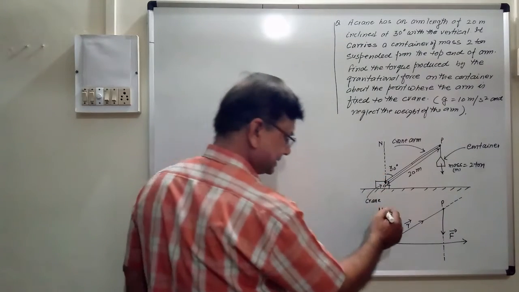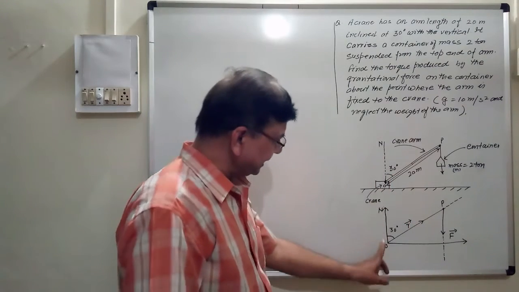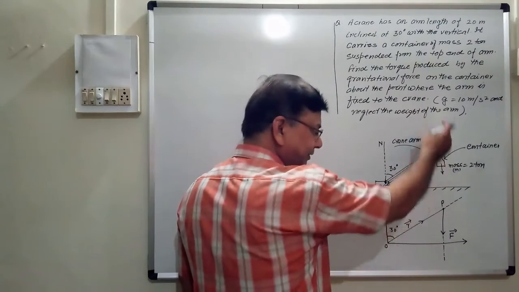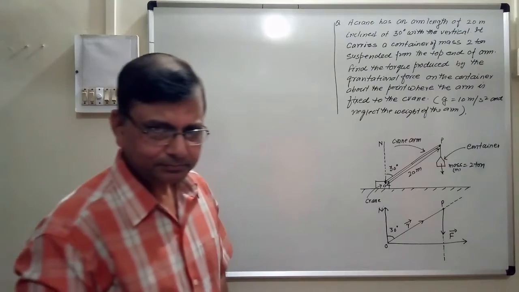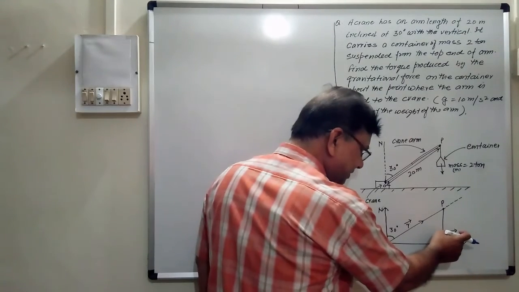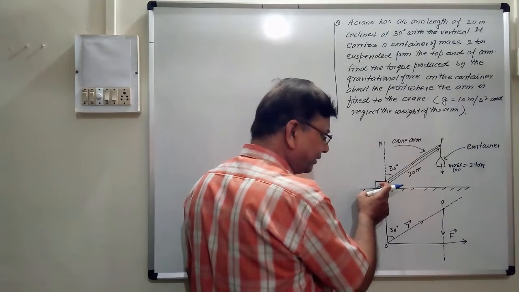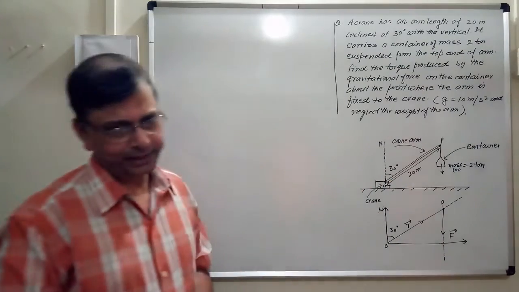This is y-axis, right? And 30 degree with the vertical. This is 30 degree over here. And weight, it is hanging container, I have shown this by a force. I have to find the torque due to this force, right? About the point where the arm is connected with the crane. So this I have to find out.